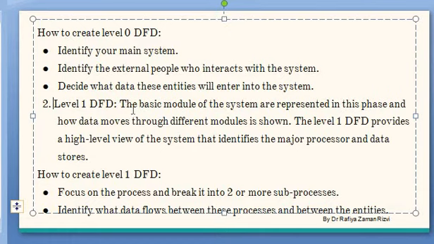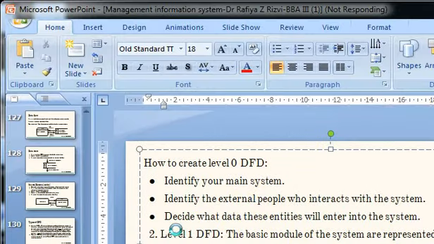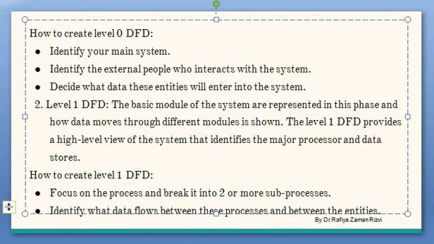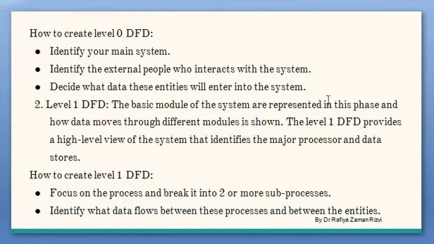So level 1 DFD. The basic modules of the system are represented in this phase, and how data moves through different modules is shown.